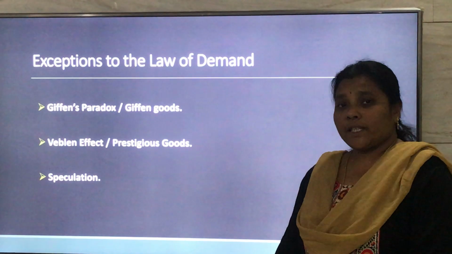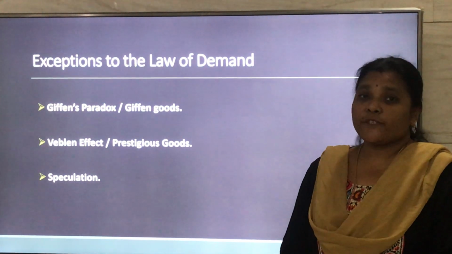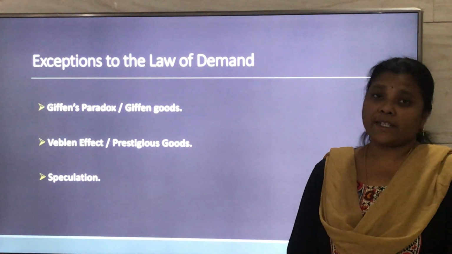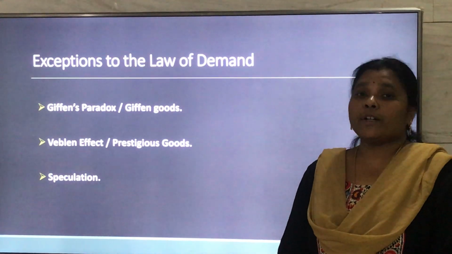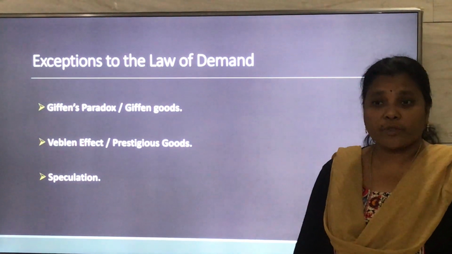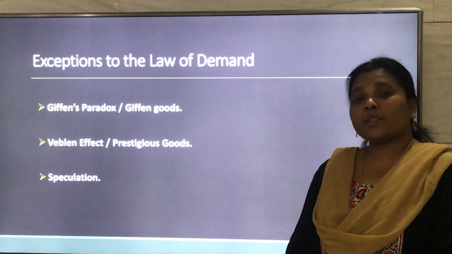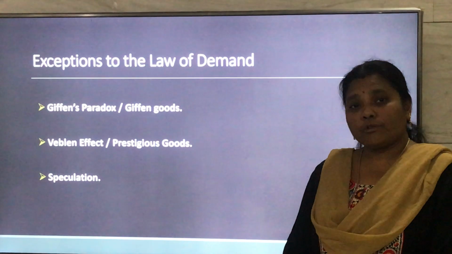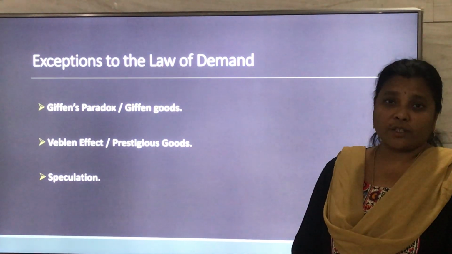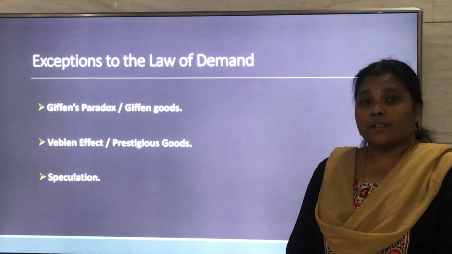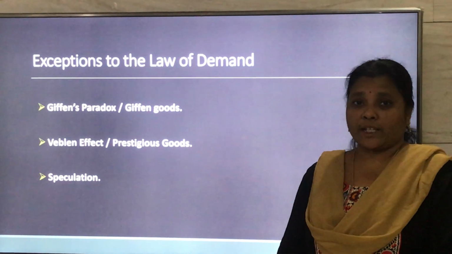The next reason is the Veblen effect, or prestigious goods. Veblen is the economist who observed that most people used to buy commodities for prestigious purposes, like diamonds, precious stones or furniture. Such goods were purchased by the people because of the higher price. Once the price of such goods reduced, higher income group people stopped buying them, because now these goods could be purchased by every person in society.